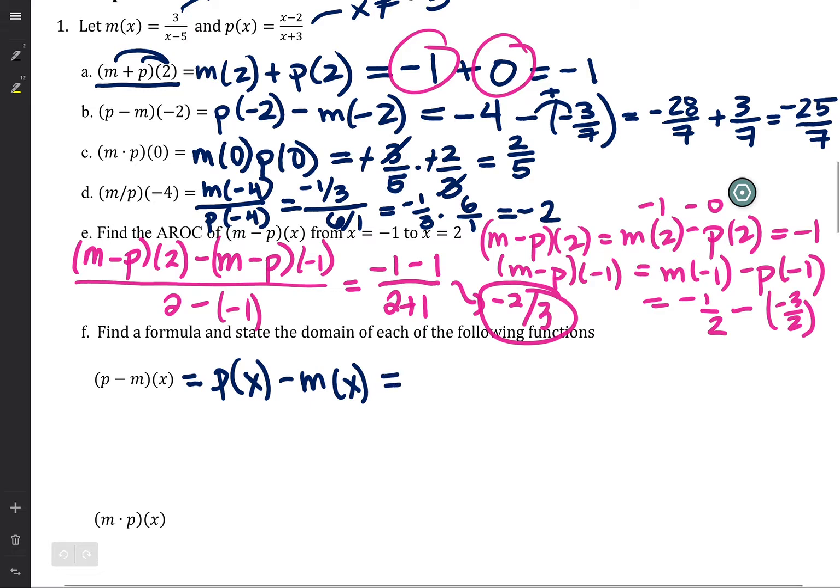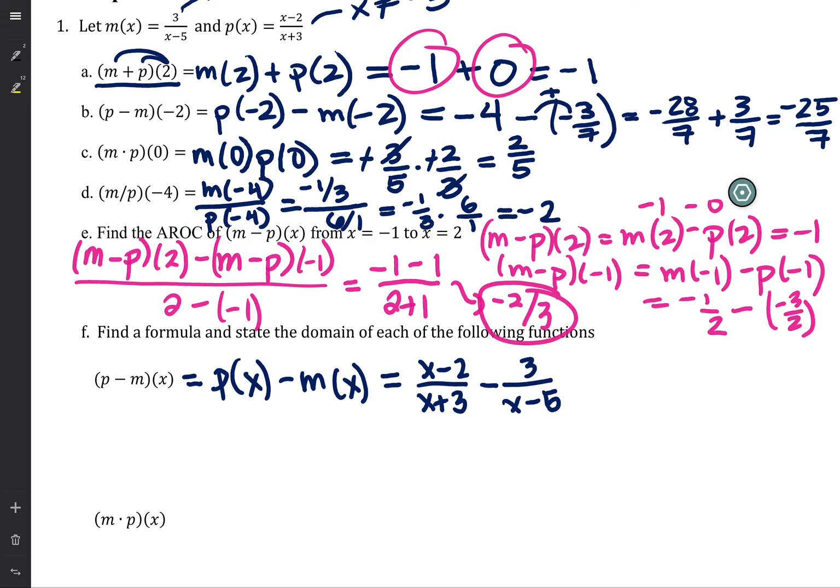And p of x is x minus 2 over x plus 3, and m of x is 3 over x minus 5. And really that's just fine as a formula. To simplify, if you need the algebra practice, you could get a common denominator. If I was going to work with this more, I might want that. But in general, I would be fine with this as your answer. The new function has this subtraction in it, and that is okay.